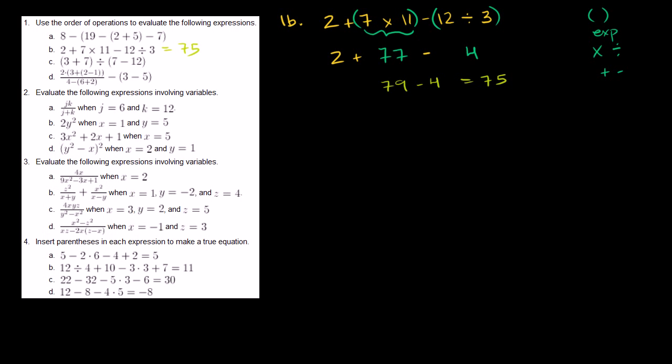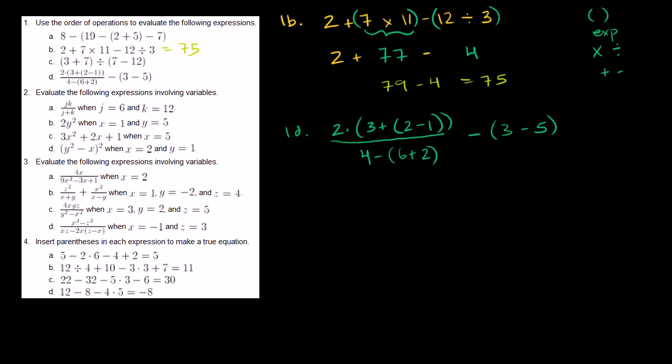Let's do 1d. This is a nice hairy problem right there. So 1d, it says 2 times 3 plus 2 minus 1, closing two parentheses, all of that over 4 minus 6 plus 2 minus 3 minus 5.